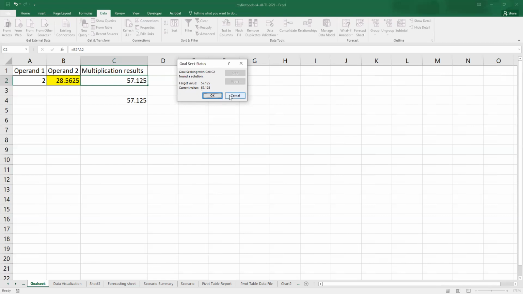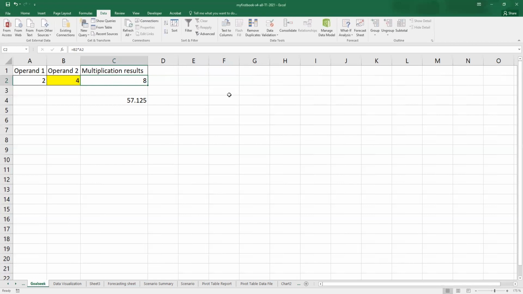So it tells you first, is it acceptable? If you don't accept it, just click cancel, and it goes back to the previous state, before you did the Goalseek. But if you can accept it, I do it again: I set cell C2 to be 57.125 by changing cell B2, and then I click OK.